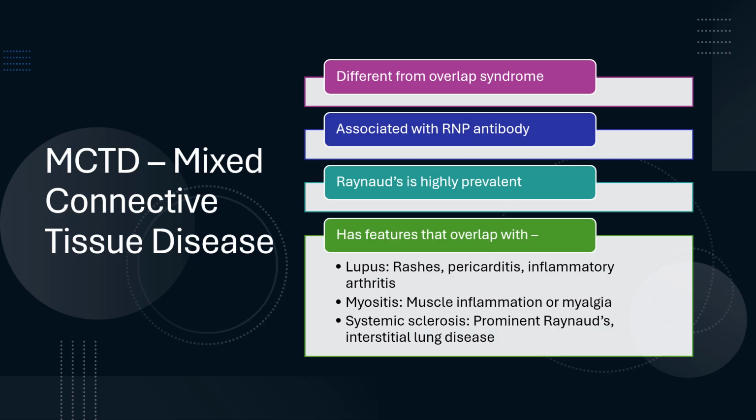You can see listed there that there are many features that look like lupus or myositis or systemic sclerosis. Interestingly, for some of these patients, as their disease progresses over time, they might start with more of a myositis picture and then move into more of a lupus picture over time. So this does tend to fluctuate over several years.